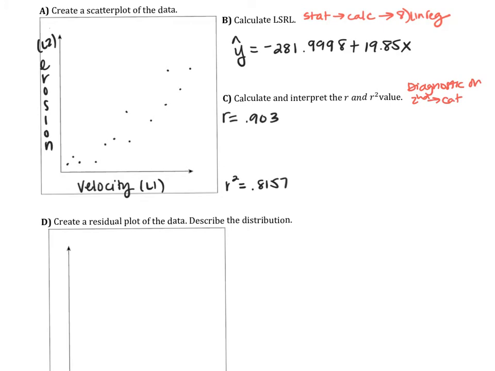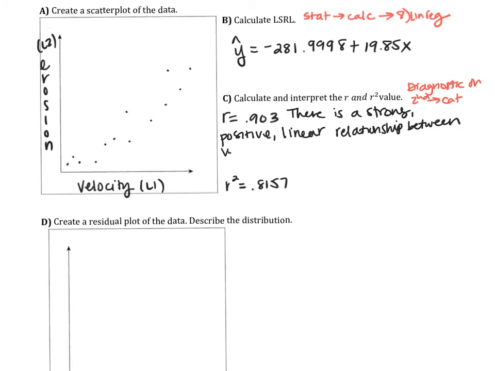All right, so let's interpret this. This tells me there is a strong, positive, linear, those are your 3 keywords, relationship between x, which is velocity, and y, which is erosion.